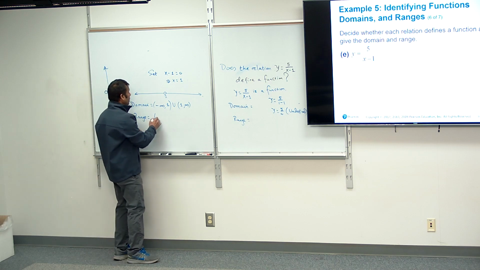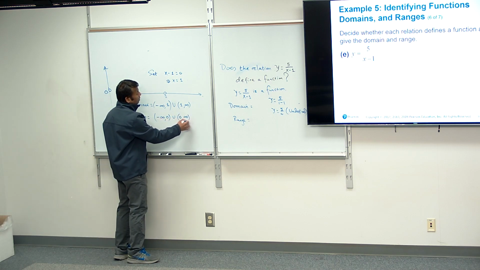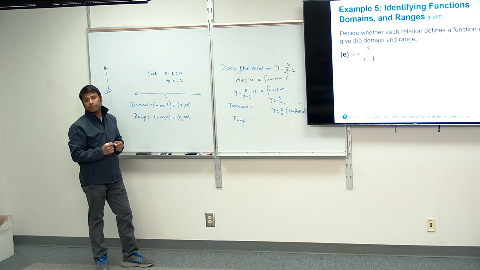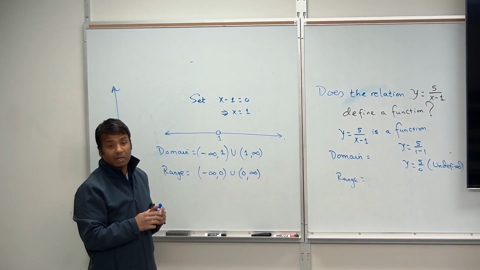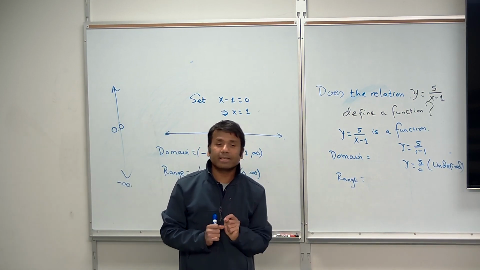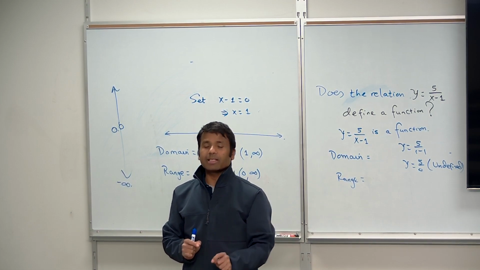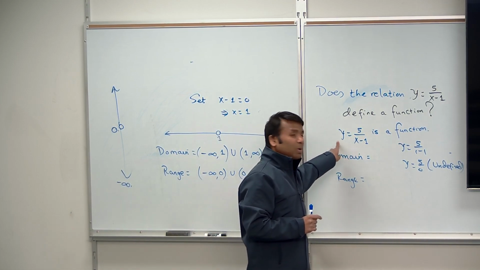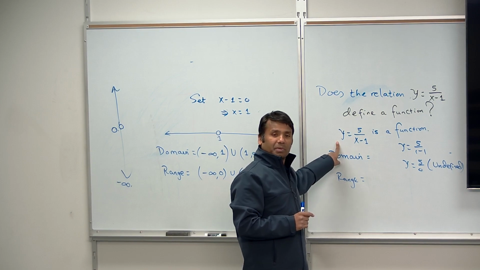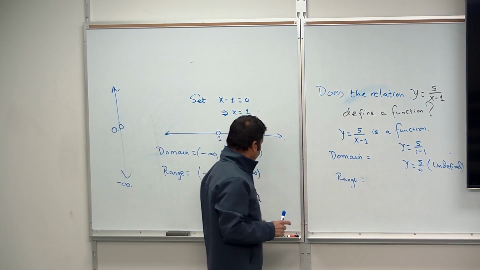Did you see that? Because it cannot be 0, because you do not have values of x that produce y value 0. That makes sense? Okay.